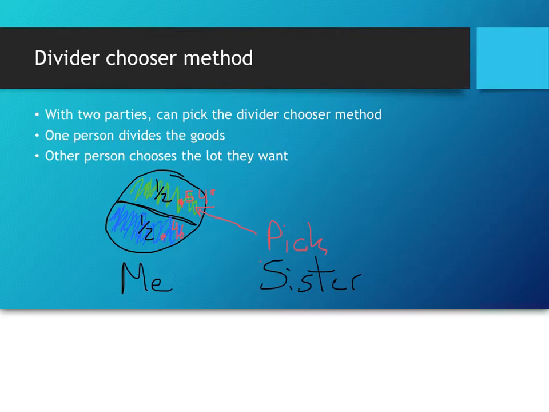And then so she'll get 1/2. So because of this method, this actually is a method that ensures that each party gets their fair share. All right? So the divider-chooser method works and guarantees fair shares.